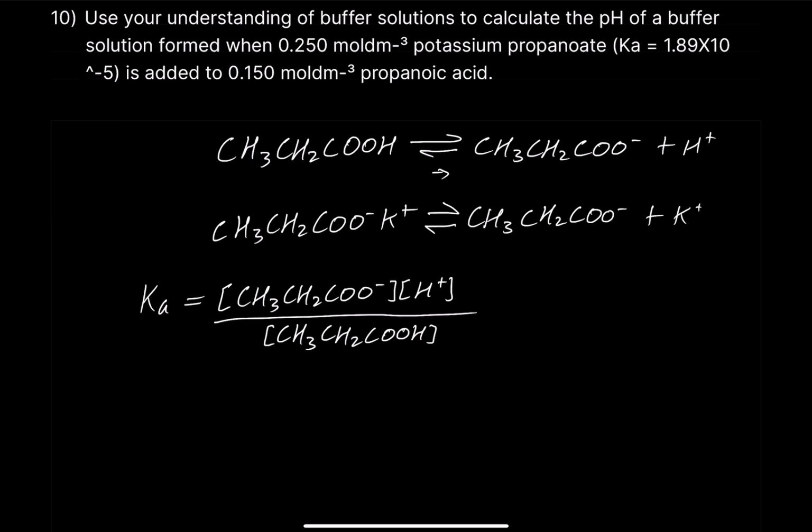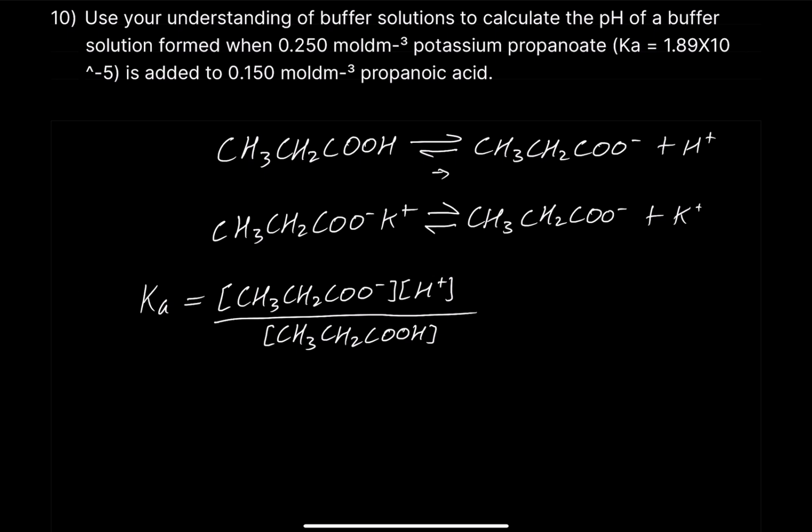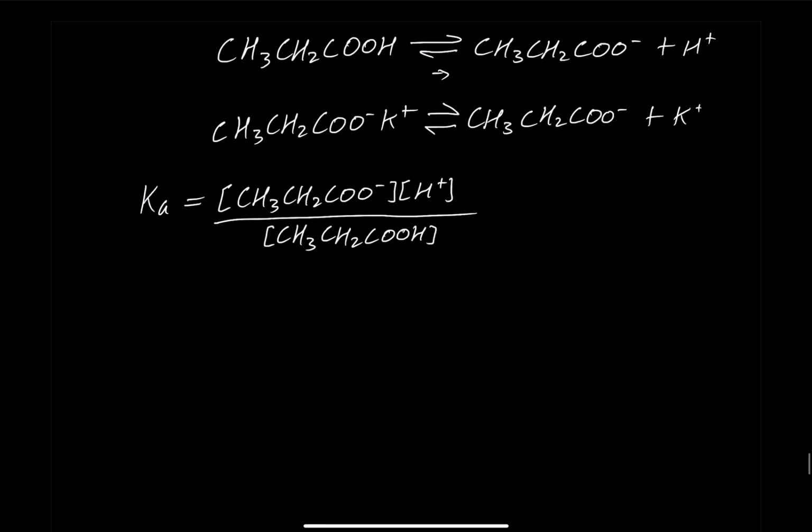As soon as I wrote down this equation, I knew exactly what I needed to do, because they've already given me the concentration of our propanoate ion, which is our A minus, the concentration of our HA, and Ka as well. The only thing left is to rearrange the equation. That's it. There's nothing more to this question.